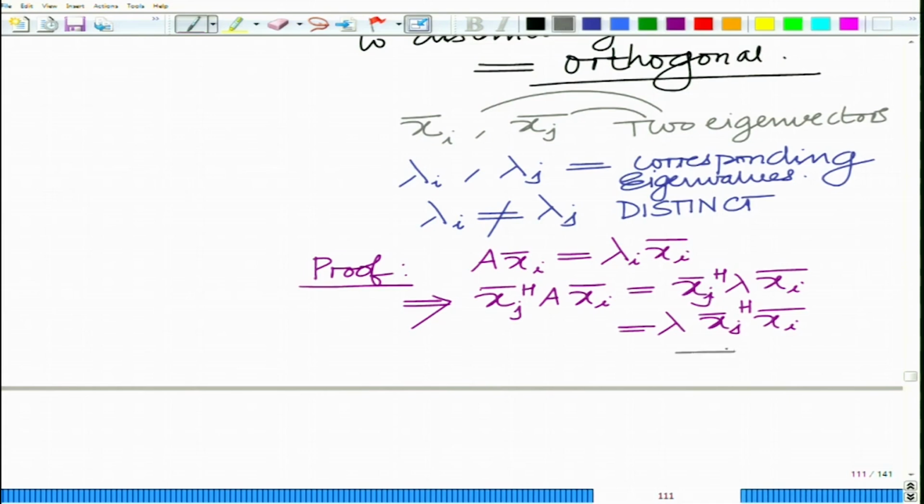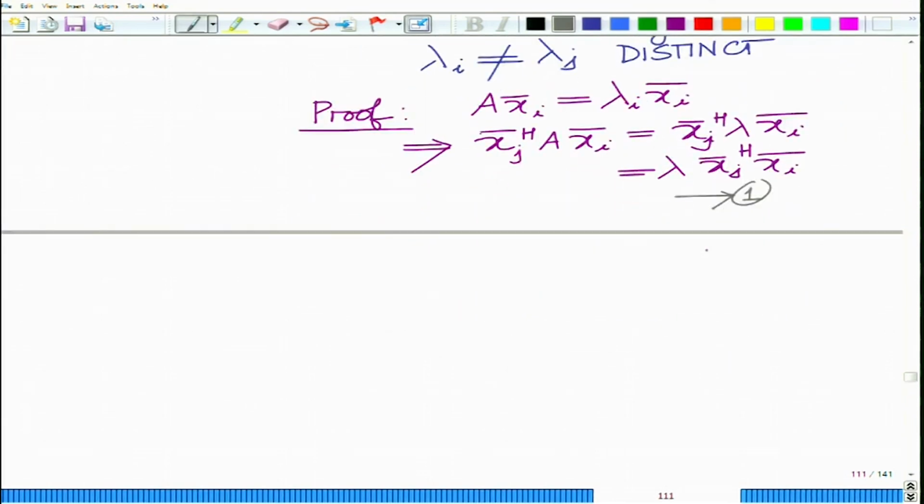So, let us call this the first result: xj bar Hermitian A xi bar equals lambda i xj bar Hermitian xi bar.